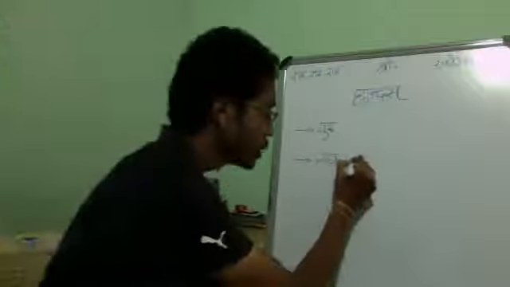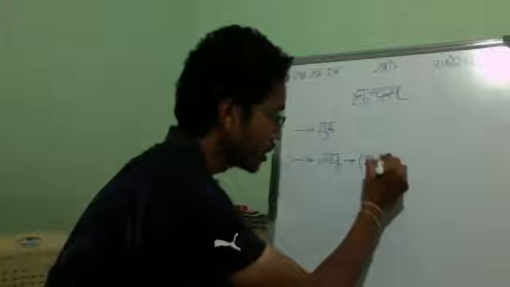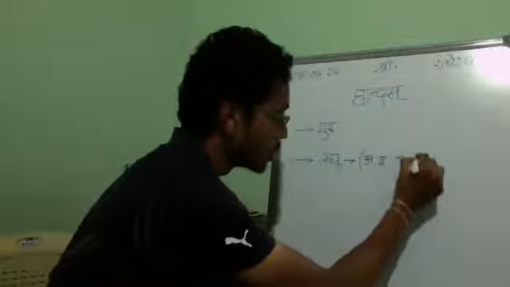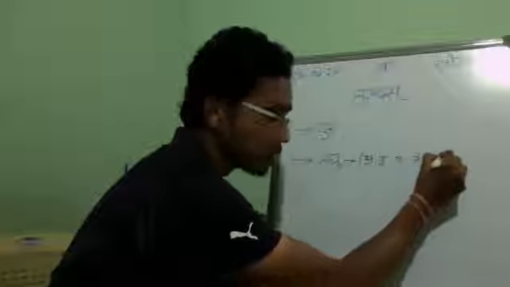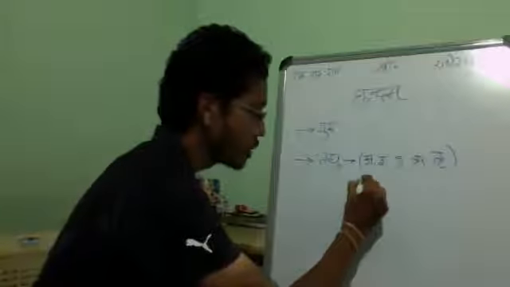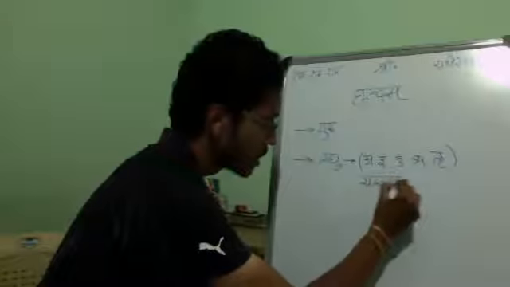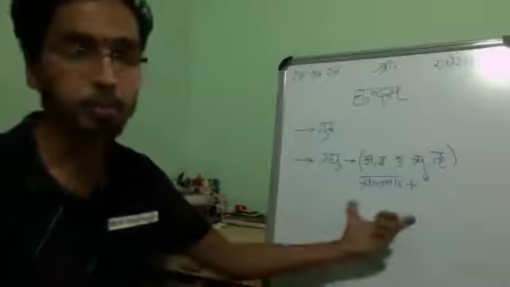So Laghu includes all the short swaras, that is A, I, U, R, L, and any other vyanjanas that are combining with these swaras. So these form the Laghu aksharas.